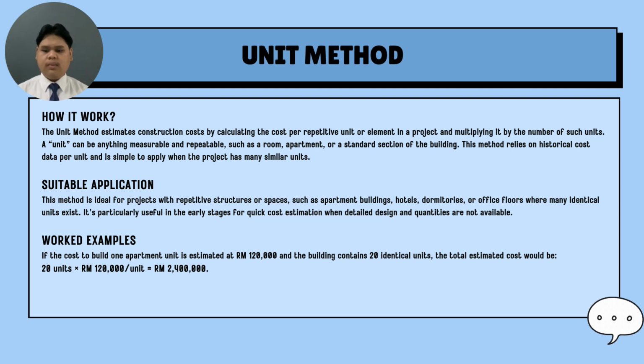A unit can be anything measurable and repeatable, such as a room, apartment, or a standard section of the building. This method relies on historical cost data per unit and is simple to apply when the project has many similar units.